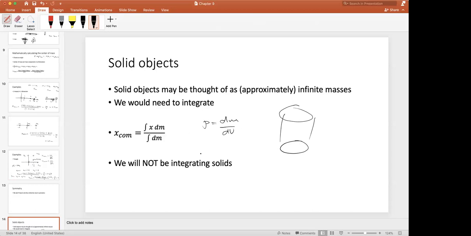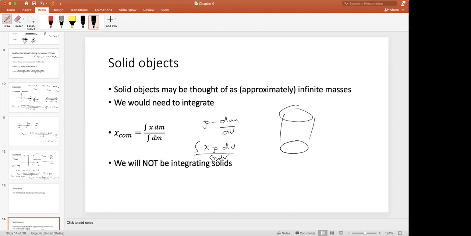Solve this for that, and you get x rho dV over rho dV, where rho is the uniform density. Do those integrals, and that tells you where the x is. We won't be doing any of that, but you probably did it in calculus. I guarantee you did it in calculus.